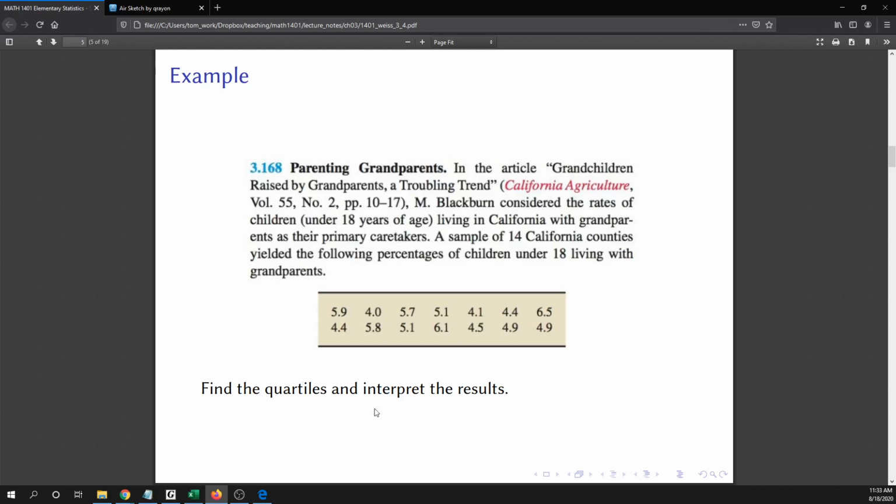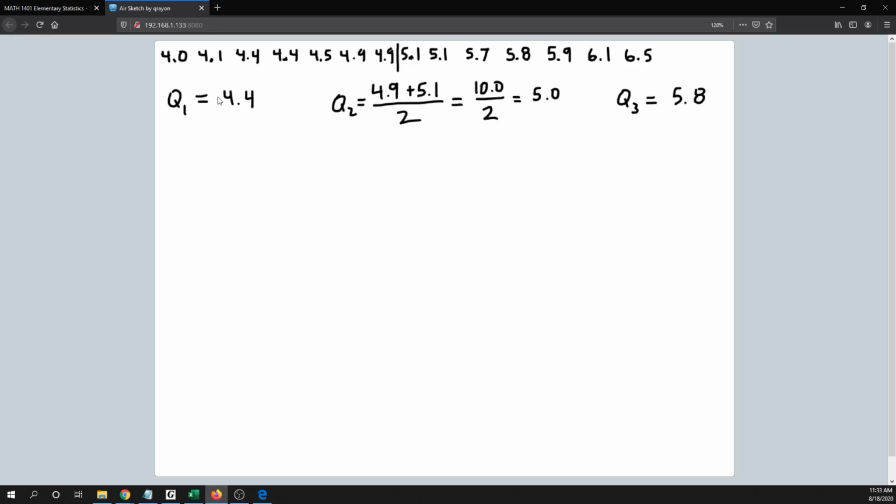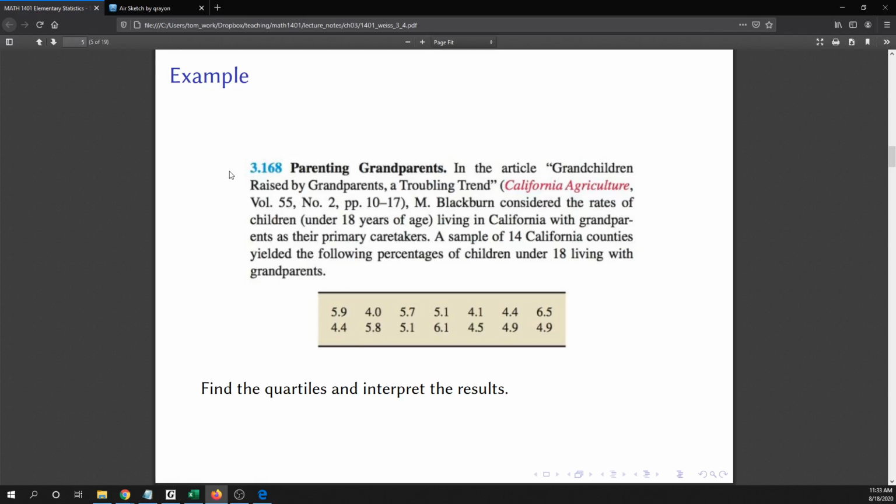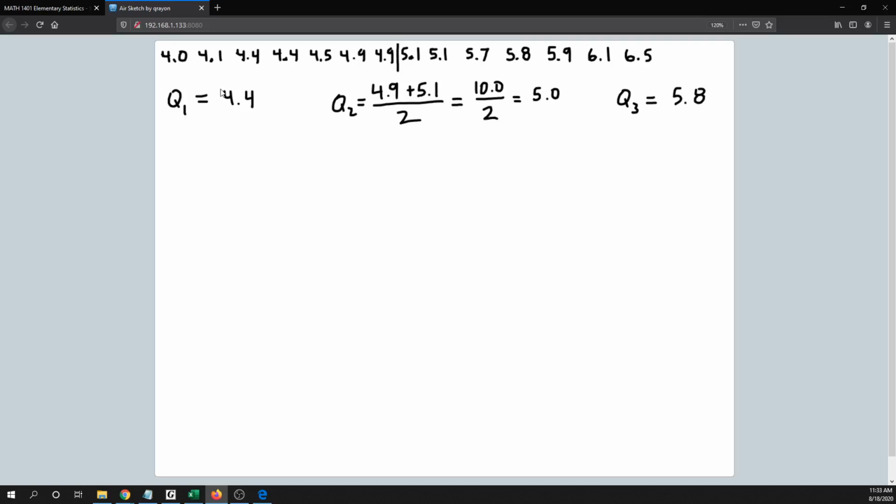So find the quartiles and interpret the results. All right, so the first quartile was 4.4. So about 25% of the data would be below 4.4, right? And about 75% of the data would be above it.